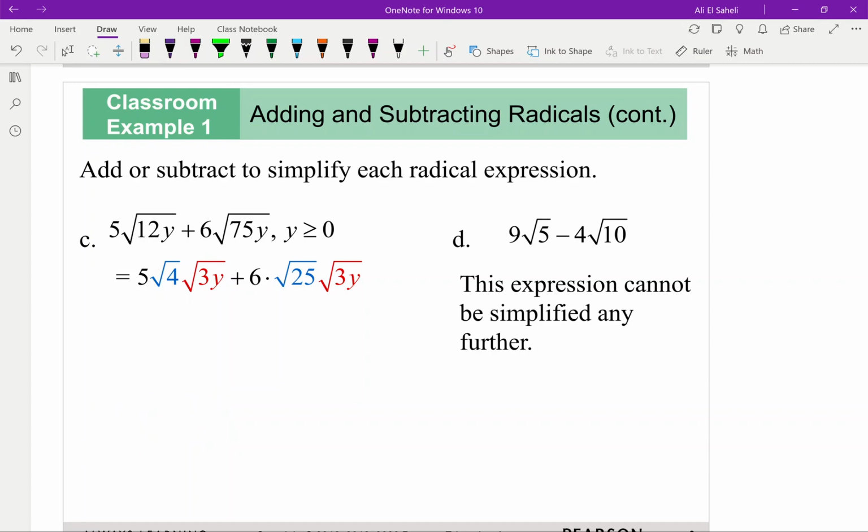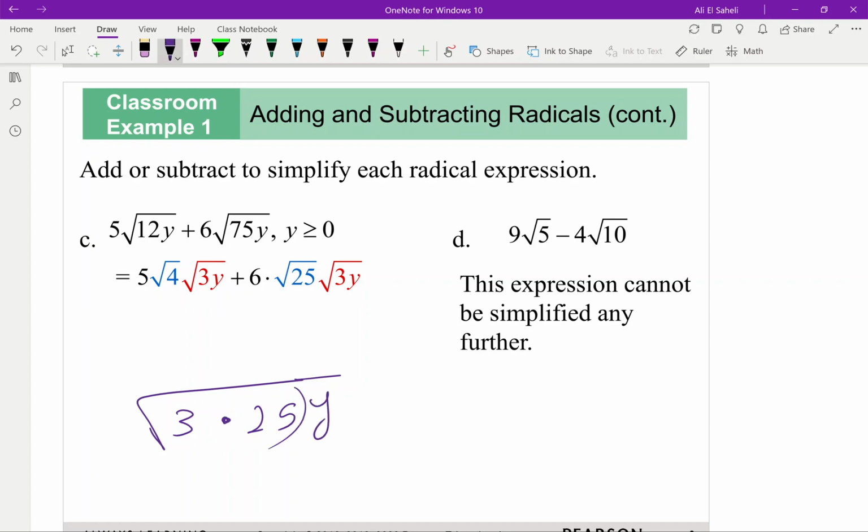Now, you have 6 over here. Okay, this is not the 6th root, this is not the 5th root. This is 6 times radical 75y. Now 75 is 3 times 25. That's 75. And you have a y.